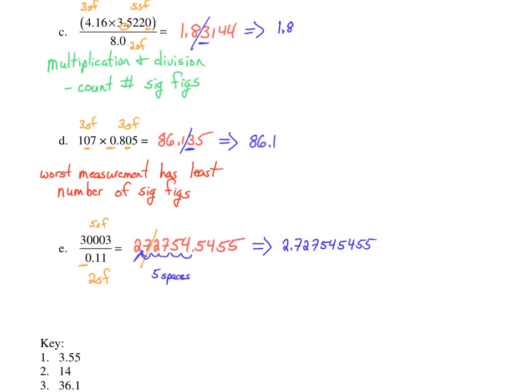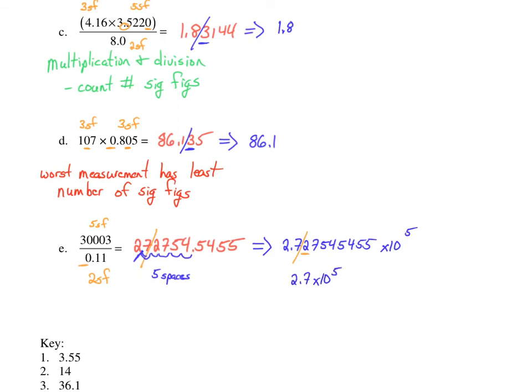That means our exponent is going to be a 5. It's going to be a positive 5 because the number that we're converting is greater than 1. Now we round our coefficient to a number with 2 sig figs. The first number to be dropped is less than 5, so we round down. And our final correctly reported answer is 2.7 times 10 to the 5th.